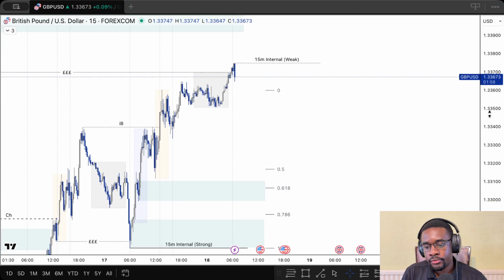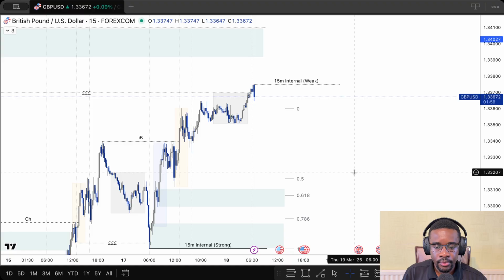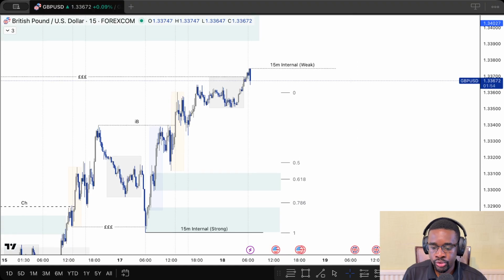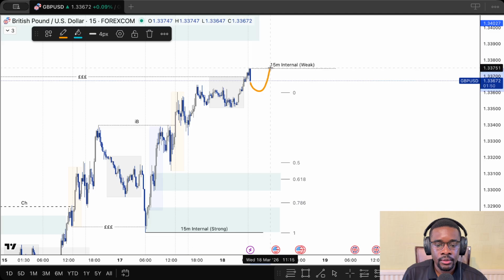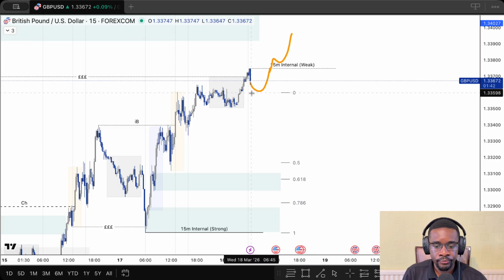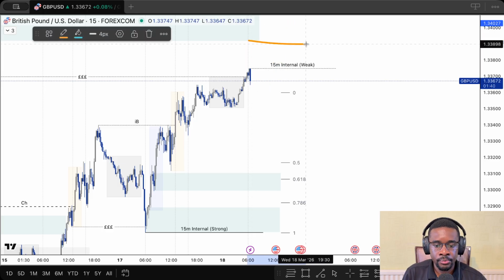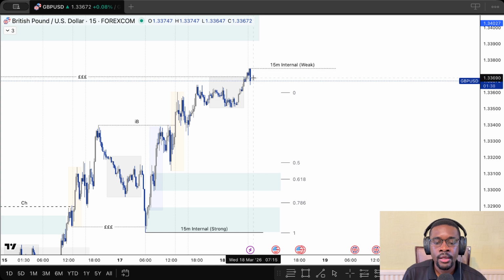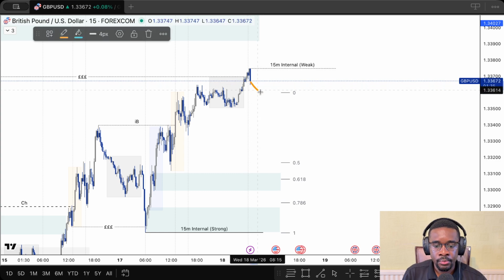So for the pound, technical, I could be looking for shorts, all right, in the sense that we still want to see price come up, maybe mitigate this area, okay, or at least at the start of the London session. Maybe price may not necessarily come into that supply, but at the start of the London session, maybe we need to see another sweep of this high, okay, saying this is a bait, all right.